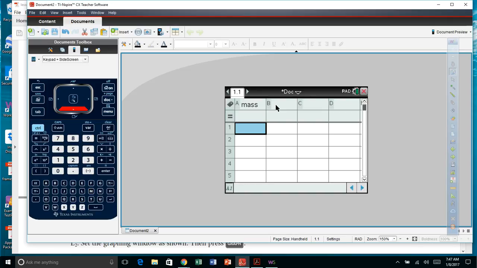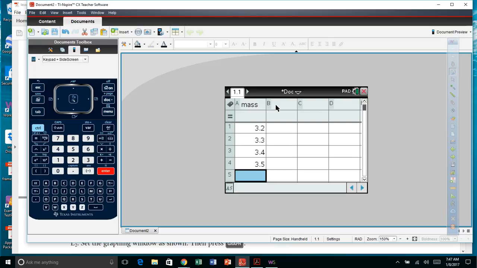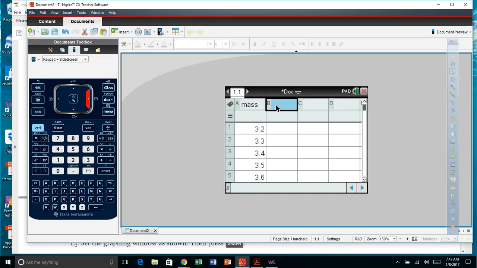Okay, so we've got 3.2, 3.3, 3.4, 3.5, 3.6, 3.7, 3.8. All right, and we'll put relative frequency here. Misspelled that. Relative frequency, abbreviated a little bit.